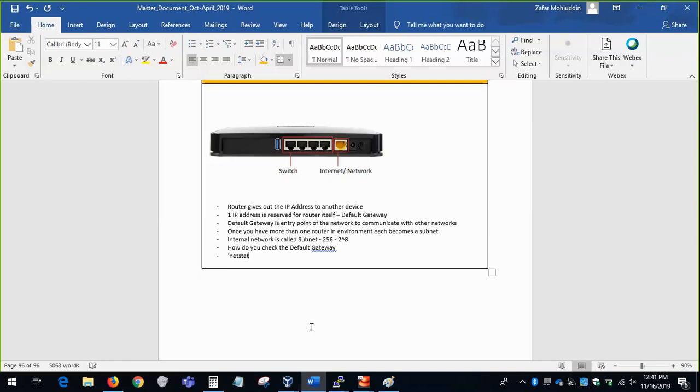So you do netstat -rn. Think of the network issues: somebody is crying that their host is not working, they cannot reach it.